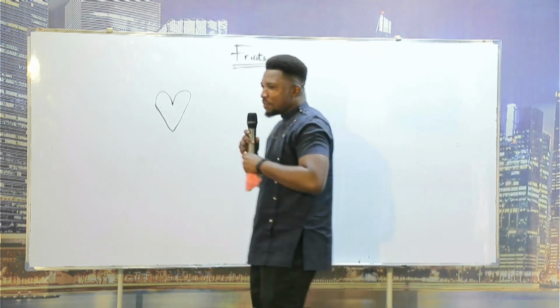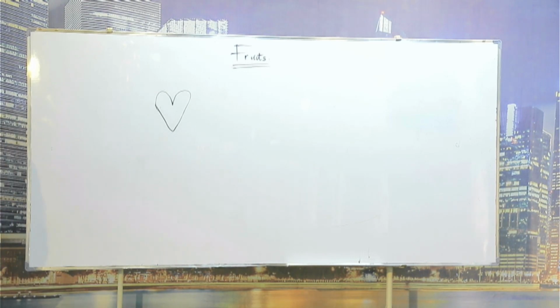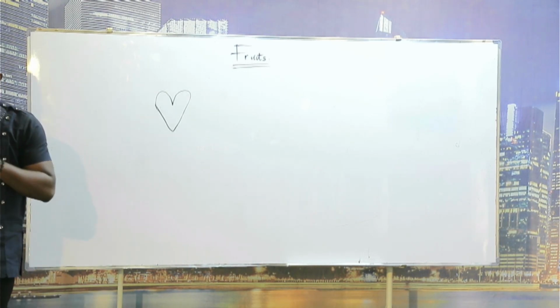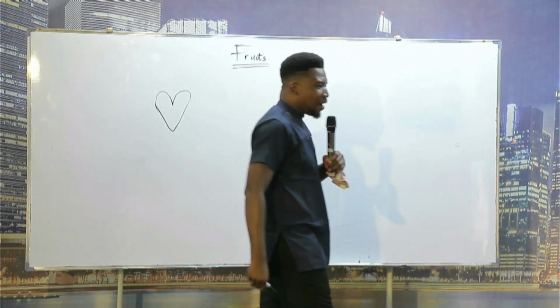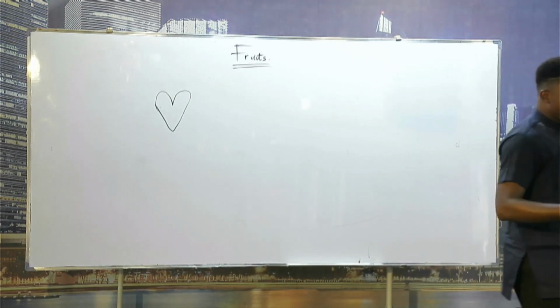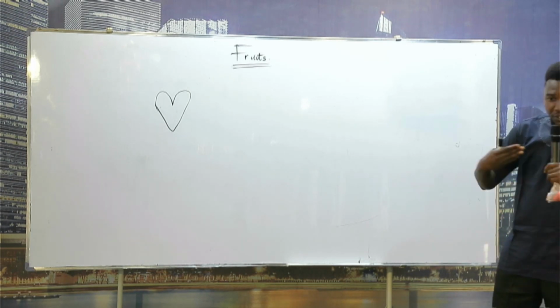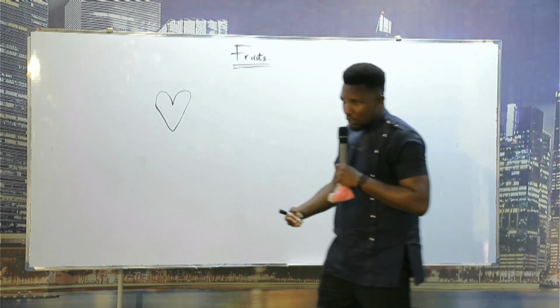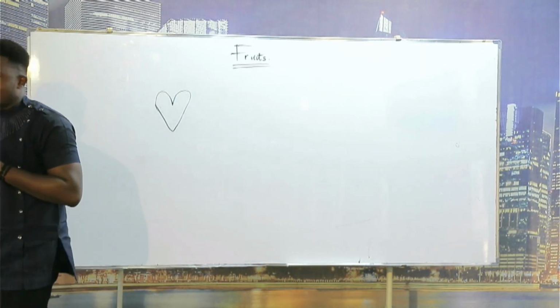Do you understand? So let me explain before we continue, please. What do we know about fruits? After pollination, you observe that some part of the flower withers out, and there is formation of fruits. Do you understand? And if you look at a typical fruit, it has two scars.